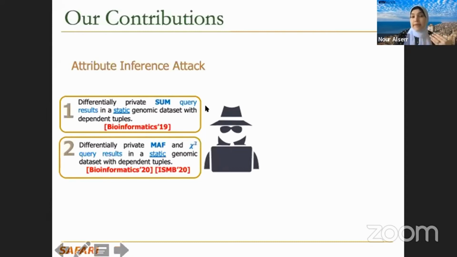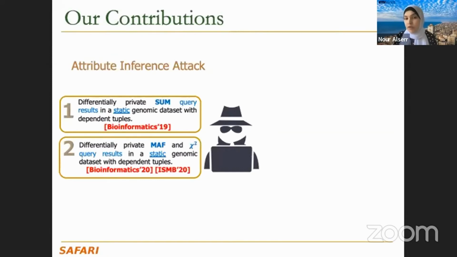What we did in this direction is we try to use the differentially private sum query, also MAF, the minor allele frequency, and the chi-square in a static genomic dataset. What's the static genomic dataset? It is the data which is updated one time. When we are talking about dynamic, this data can be updated anytime.